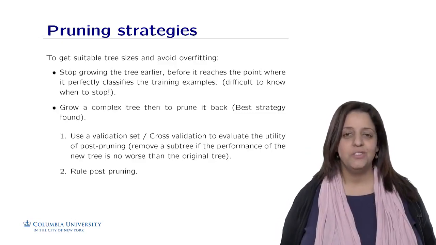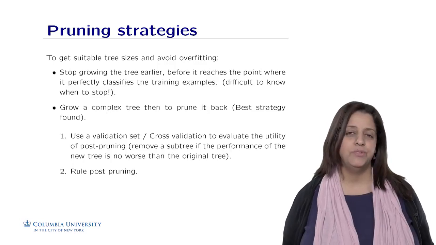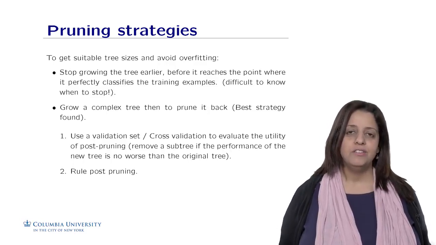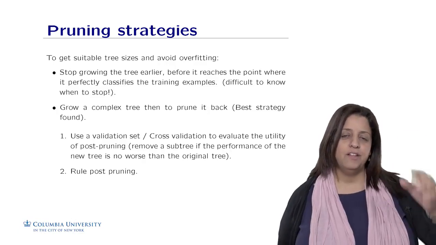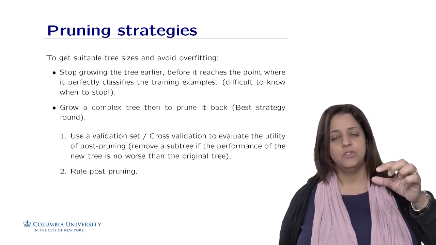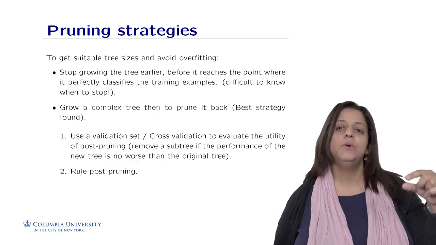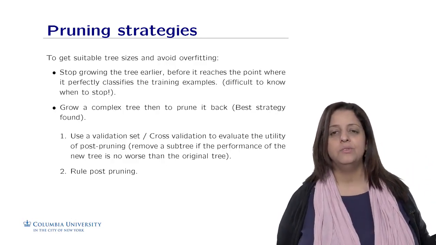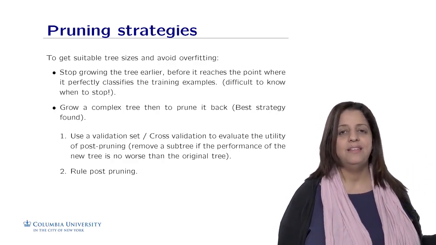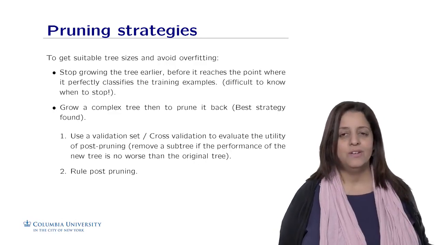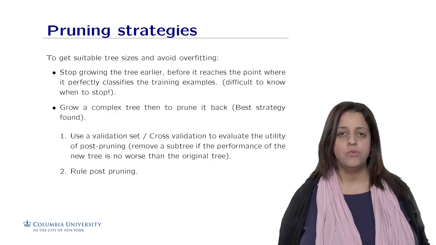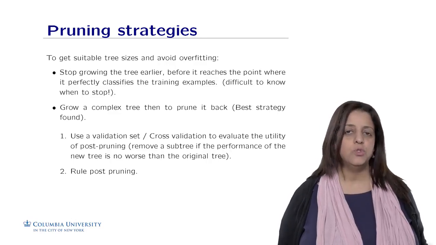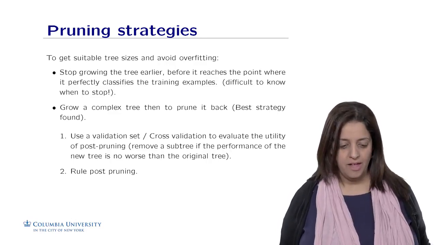A second strategy to prune is to do rule post-pruning, which means that you take your decision tree and you transform it into rules. So remember, you have the root level, and you have one feature. If the feature is equal to this value, and the second feature is equal to this value, then the class is 1 or -1 or +1. So you could turn your decision tree into a set of rules and do the simplifications with just the rules that you have obtained.